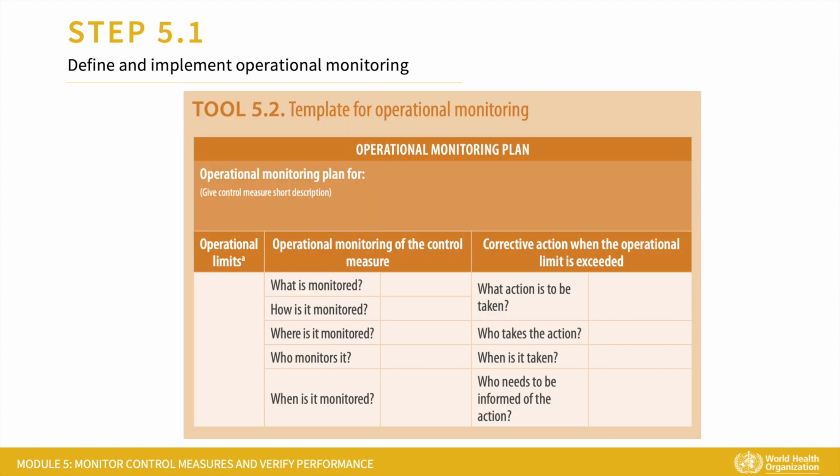This is a typical recording format which includes the following aspects. Parameter, what is being monitored, what is the limit, the methods of monitoring, means how it is done, where it is monitored, who will monitor, the frequency of monitoring, and action to be undertaken when the critical limit is exceeded.